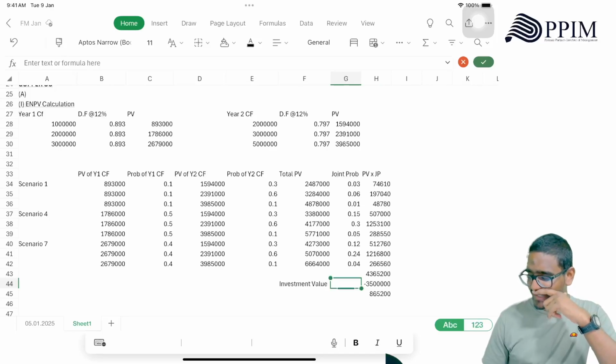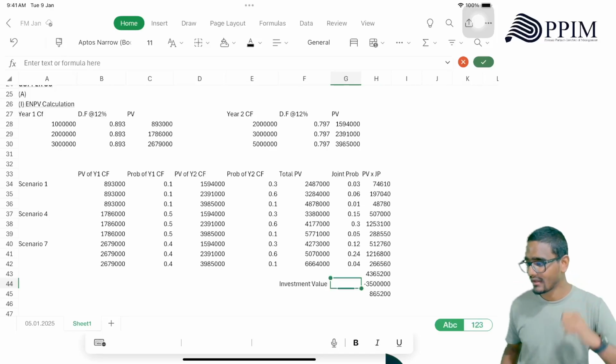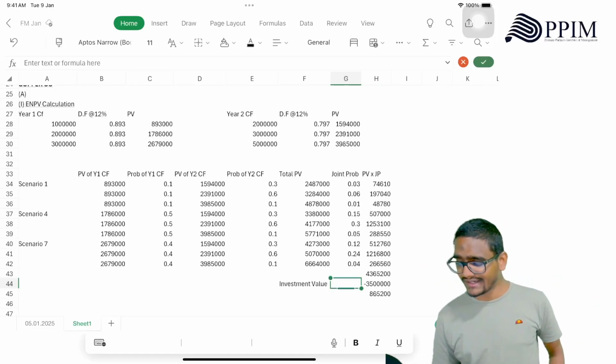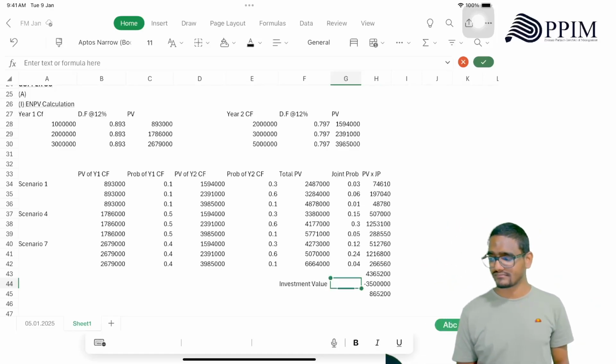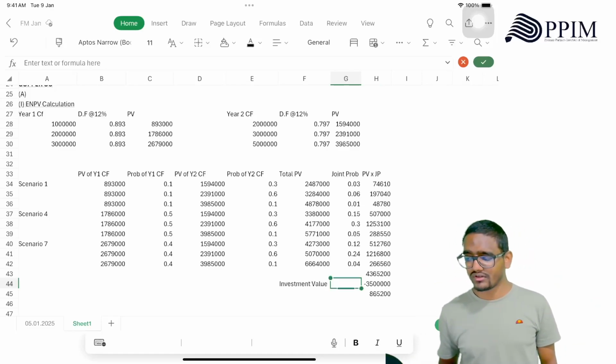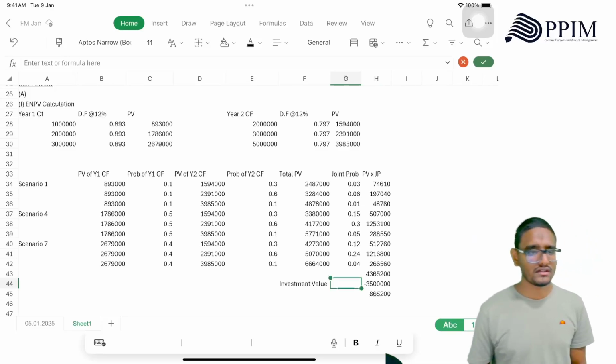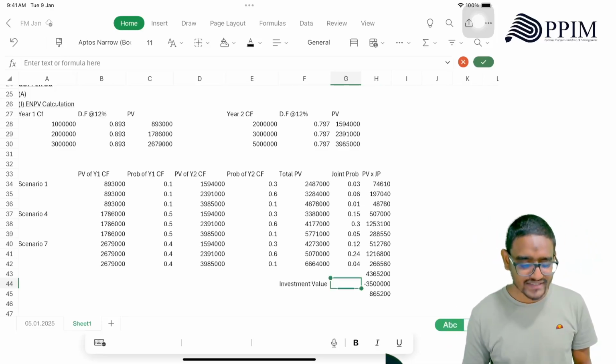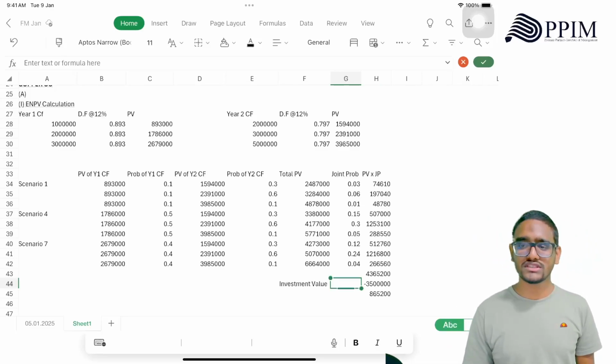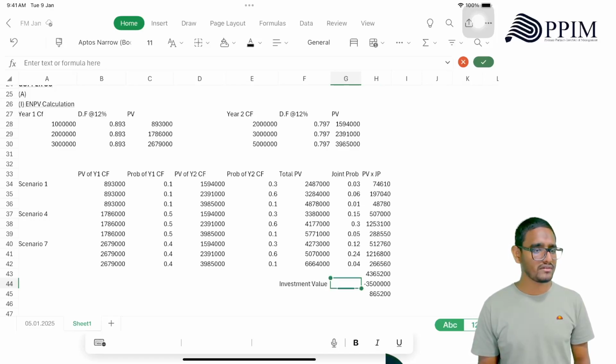Okay, now see the next part, negative NPV probability. What is the probability of you having a negative NPV? Now you have a fantastic tool in front of you. You have to use this tool to calculate your negative NPVs.